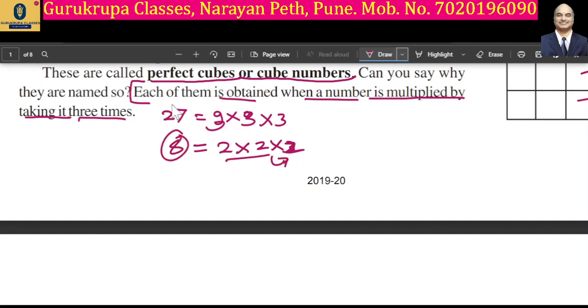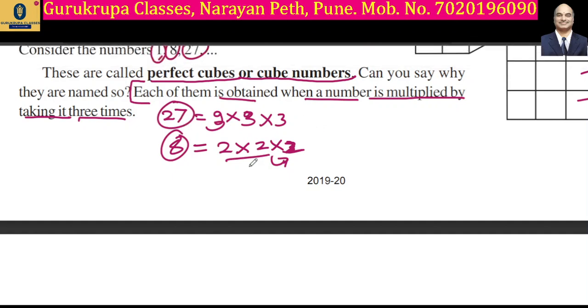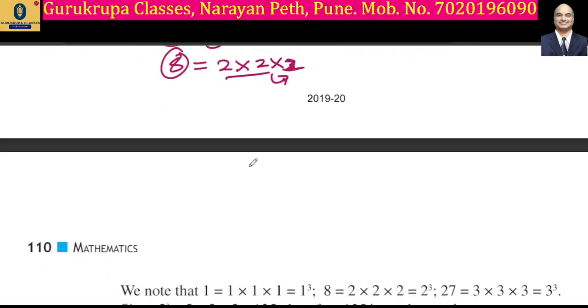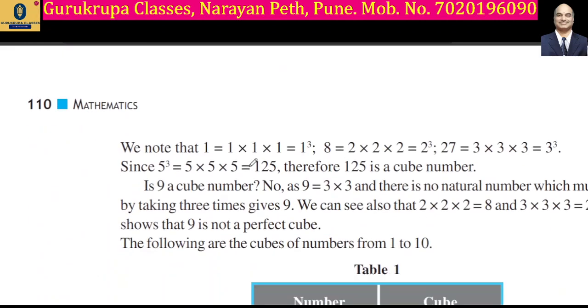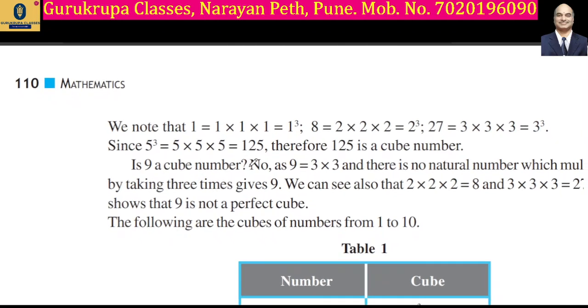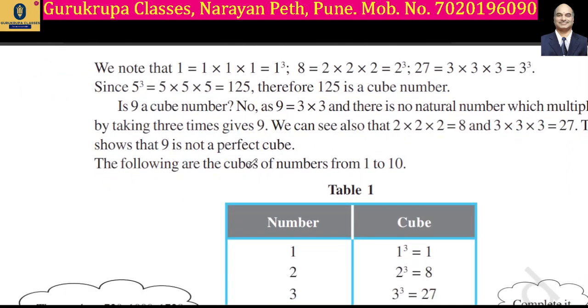So 8 is a cube. So if a number is multiplied by taking it 3 times, we obtain a cube of that number. For example, if we take 1 into 1 into 1, we get 1 cube.